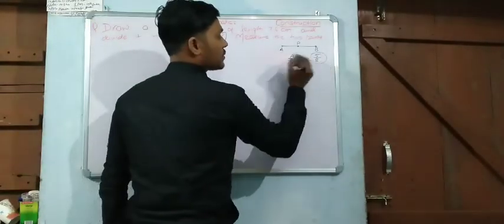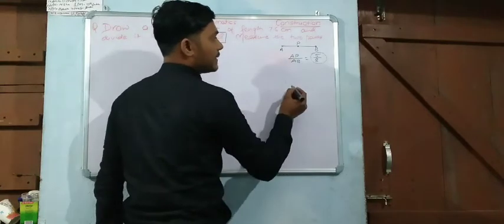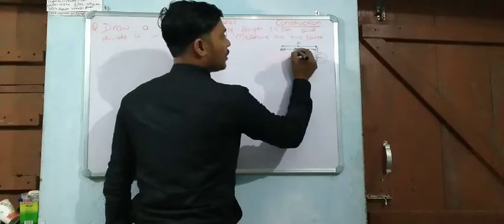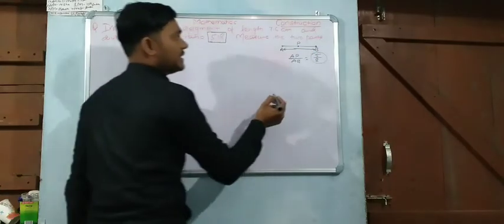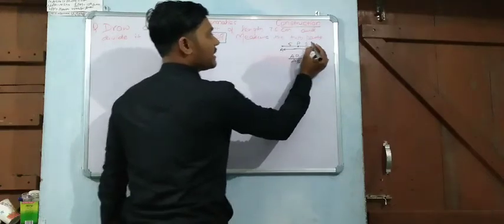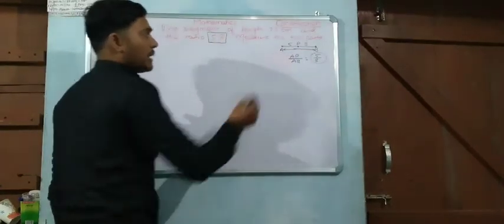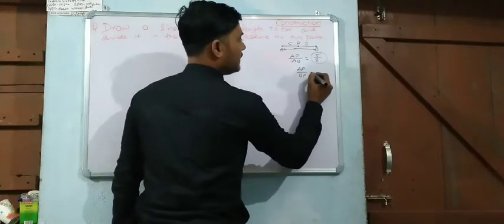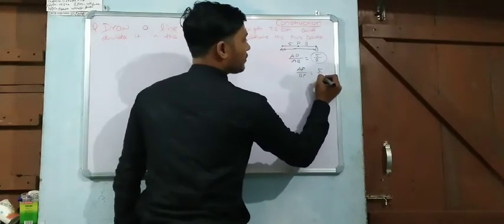Here AP is equal to 5 and AB is equal to 8, which means 8 is the whole part. If AP is 5, then obviously the other part is 3. So you have to figure out that AP upon PB is equal to 5/3.